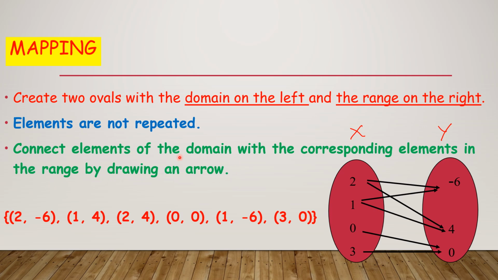So 2 goes to negative 6. 1, 4: 1 goes to 4, as you can see here. 2, 4: 2 goes to 4. 0, 0. 1, negative 6: 1 goes to negative 6. And 3, 0: 3 goes to 0.